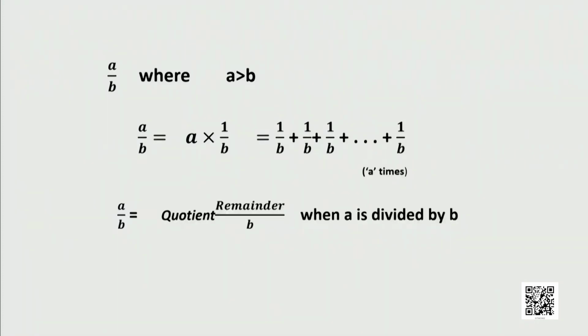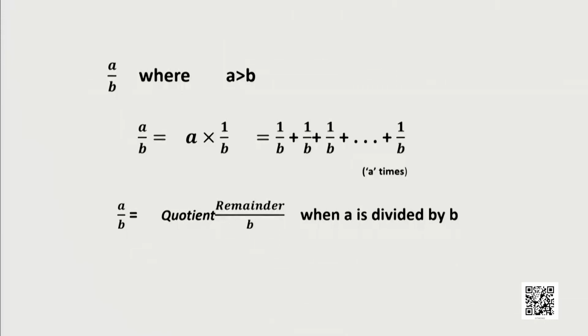So what is the unit fraction over here? a over b means a multiplied by 1 over b. What does it mean in the form of addition? It means that 1 over b, or the unit fraction, is added a times. Now you just have to make a group. You have to see that if 1 over b is taken b times, it represents a whole. So for that you have to divide.